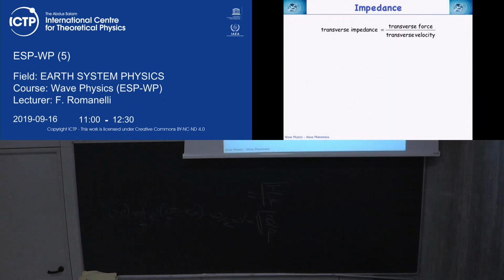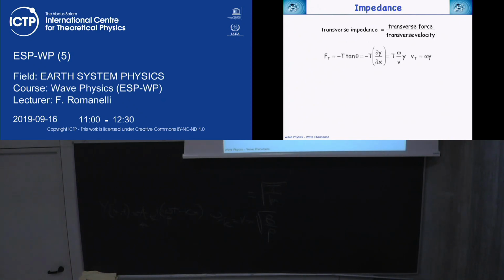Well, let's start from a string. It's a mechanical impedance. We can define impedance as the ratio between the force, that is the actor, and the result, that is velocity. It's a definition. Let's try to write it.